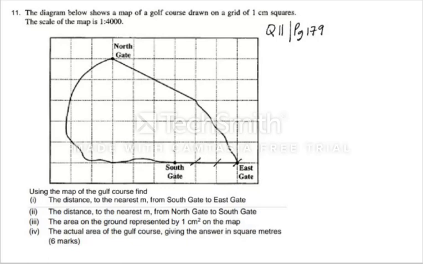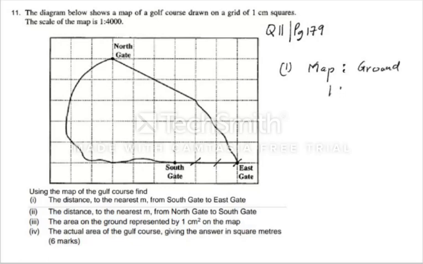All right, so I want to find out what that distance is in meters. First of all, the map scale is what? For a map scale, it compares distance on the map to distance on the ground.